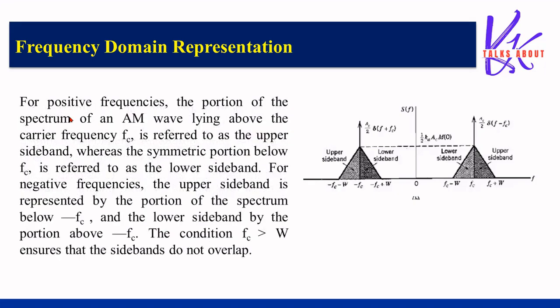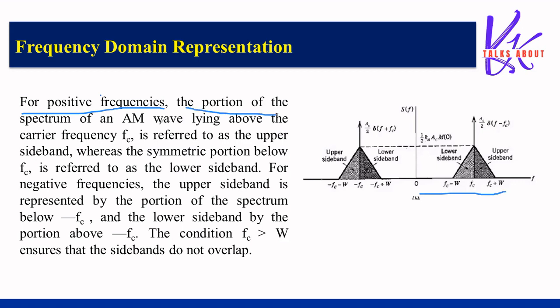So where are the upper and lower sidebands located? Let us see. For positive frequencies, that is from 0 to Fc plus W, or 0 to Fc. These are the positive frequencies.